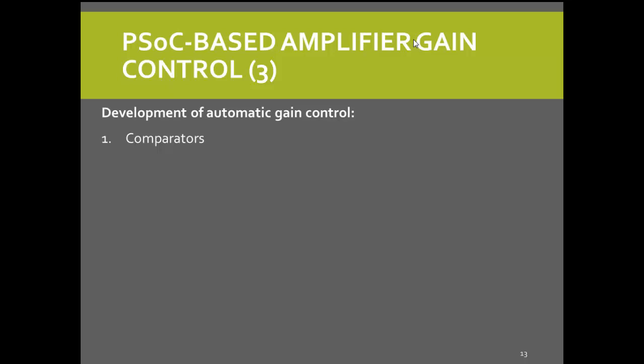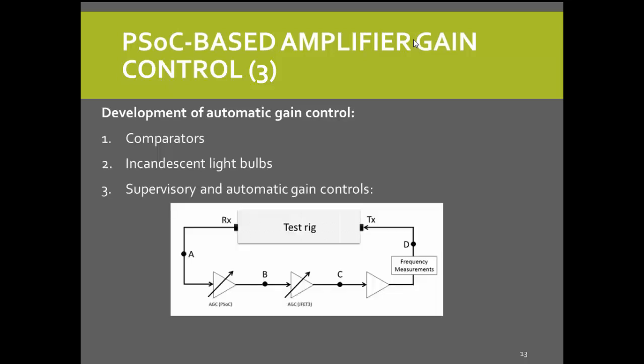We can use a comparator to control the upper and lower limit of the signal and program the amplifier based on these parameters. Then we had an idea of using filament light bulbs, where we can control the gain through the nonlinear current and voltage characteristics. And that's our final design of automatic gain control.